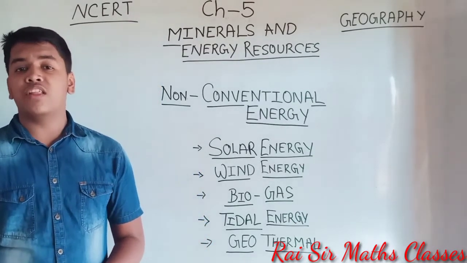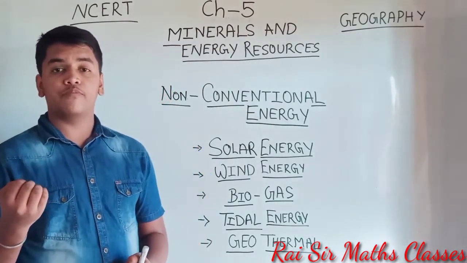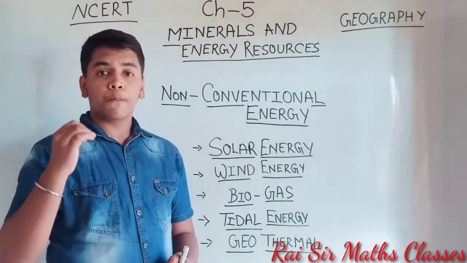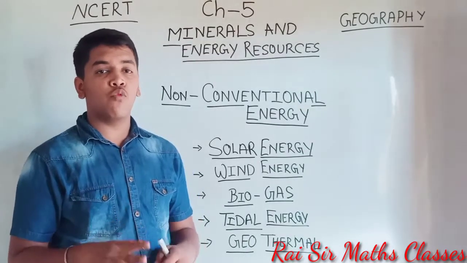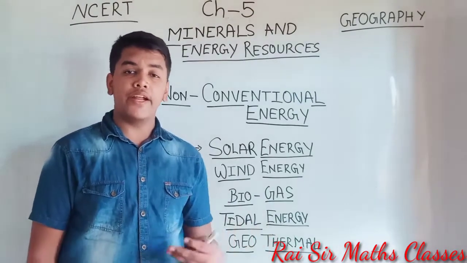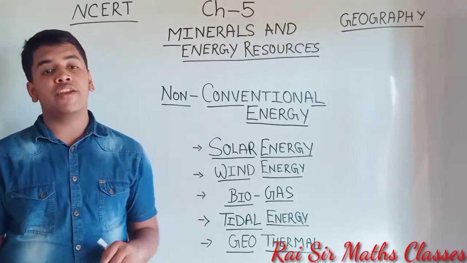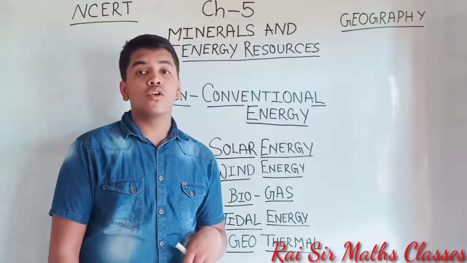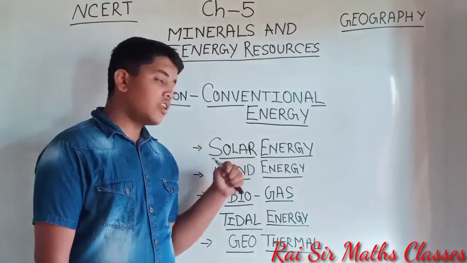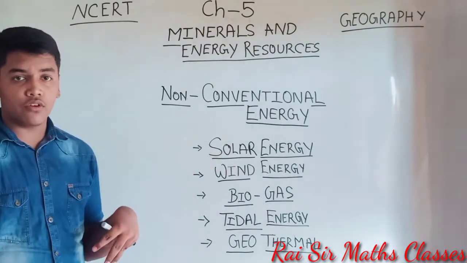As I told you in the biology chapter on life processes, photosynthesis requires sunlight to make food. If sunlight is not present, all the plants will die, the carbon dioxide level will increase and the oxygen level will decrease. If there is no oxygen, how can we survive? So the sun is really important, and it is the source of energy for us.